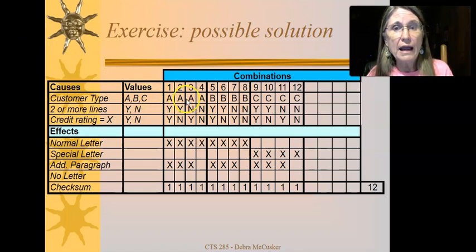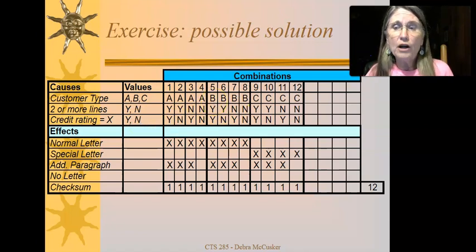So A, B, C, C. Moving down to the next row, we virtually cover that up and see the repeating factor is 2. 2 N's, 2 Y's, 2 N's, and the last row always just cycles through.